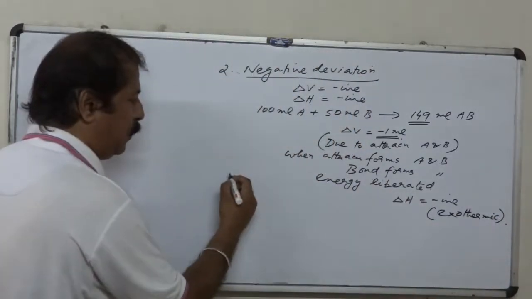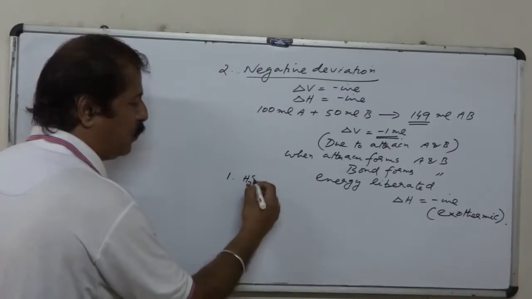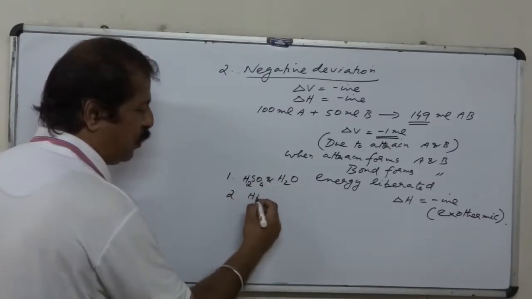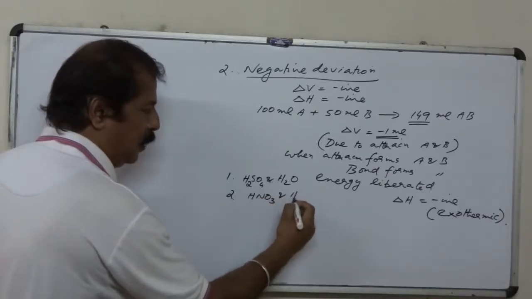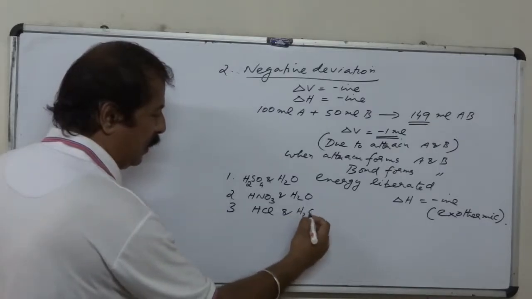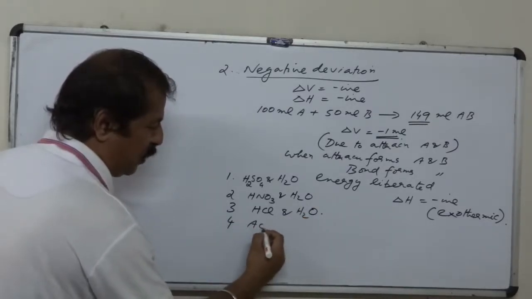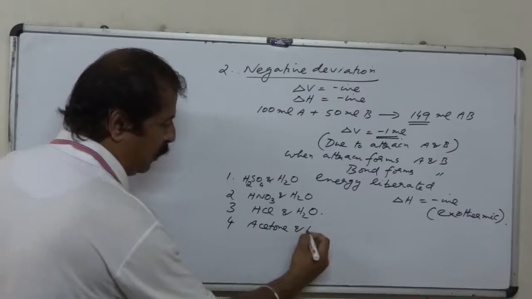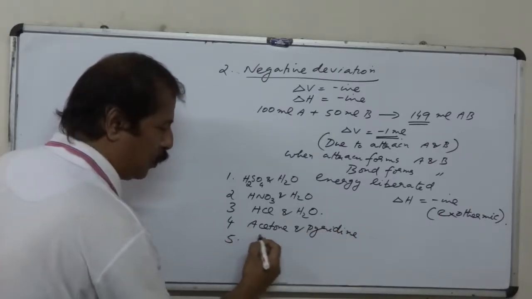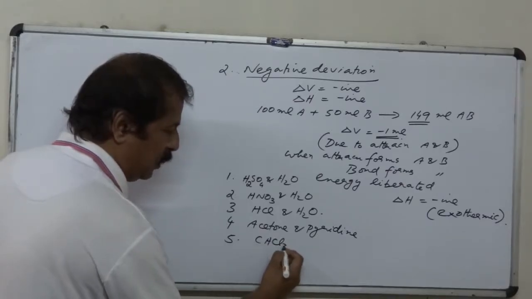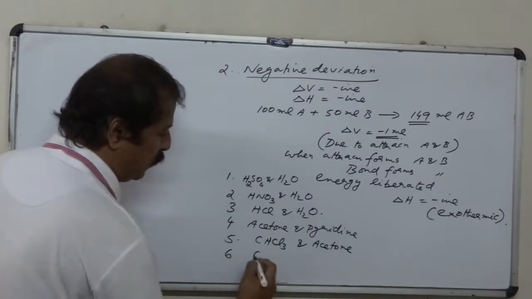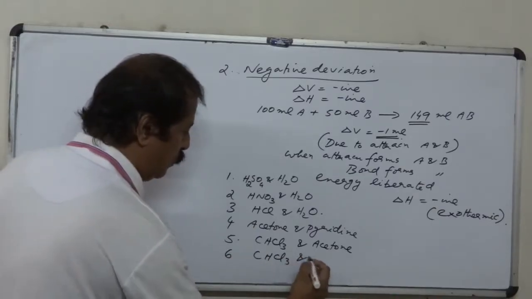We have a lot of examples. You take H2SO4 and water, HNO3 and water, HCl and water, acetone and pyridine, then chloroform and acetone, or another example, chloroform and ethanol.